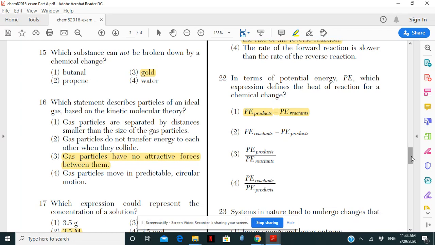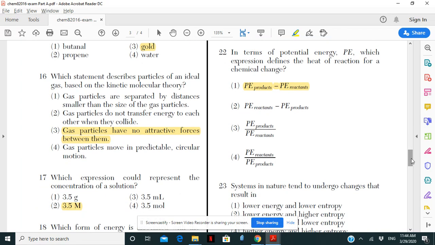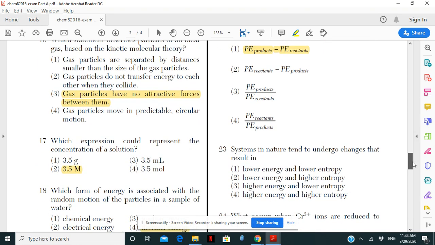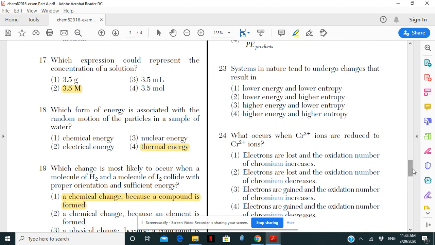Because when I break down the bonds, I need energy. And when I form bonds, I release energy. That's one of the laws we got before, and it's not included in your front sheet.